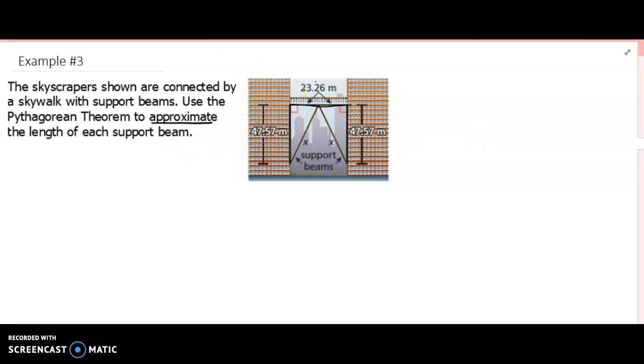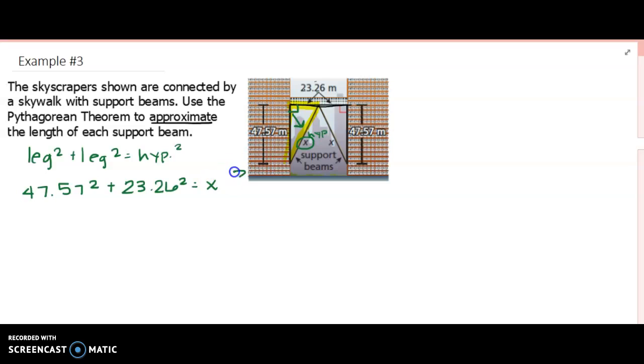All right, so I can look at either one of these because they're congruent triangles. I'm going to look at this one here. Okay, so I'm going to use the Pythagorean theorem, which says leg squared plus the other leg squared equals the hypotenuse squared. Okay, if my right angle's here, the side across from it is my hypotenuse. So I could say 47.57 squared plus 23.26 squared is going to equal x squared.